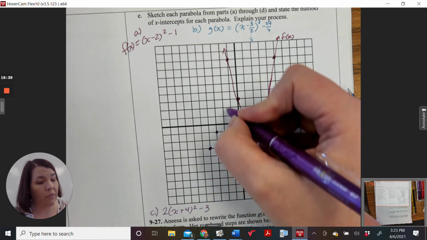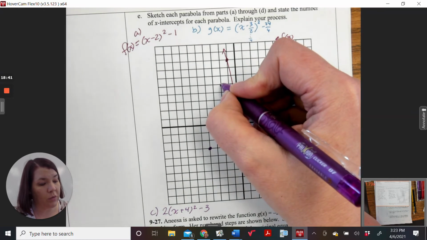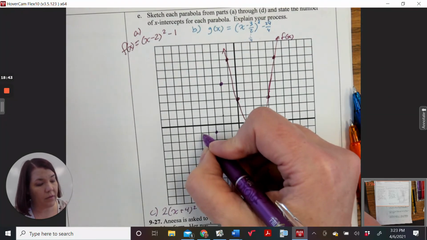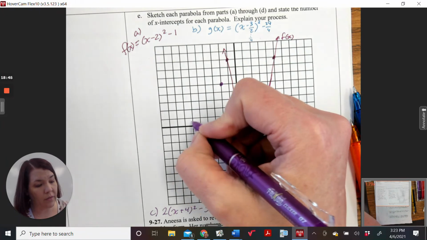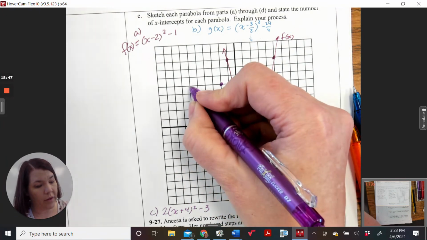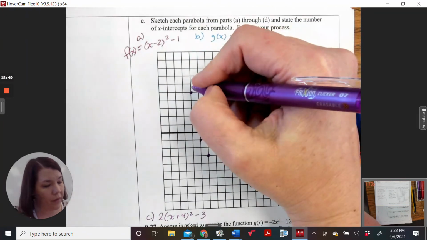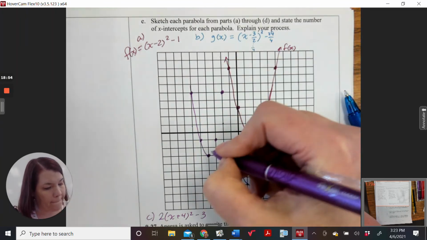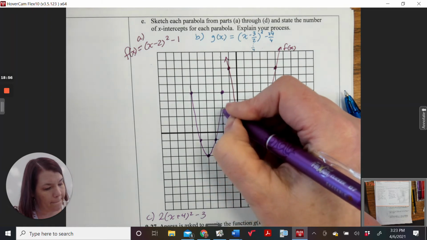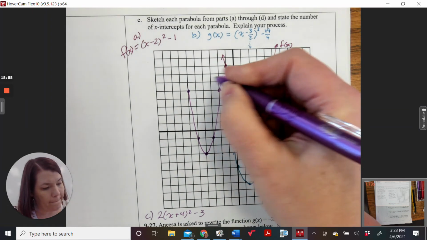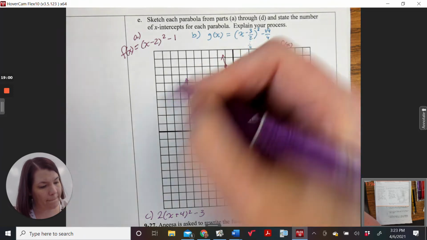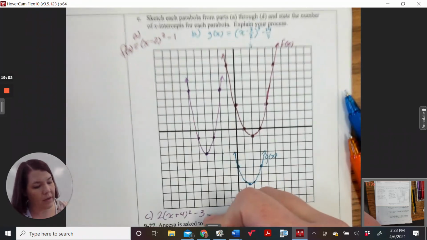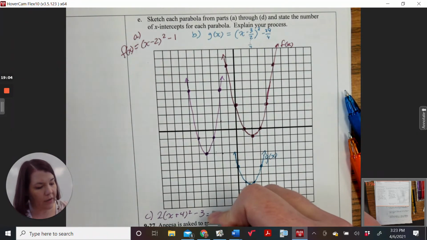Right 2, up 4, or 4 twice. 1 twice, 4 twice. And that is equal to, I forgot, j of x.